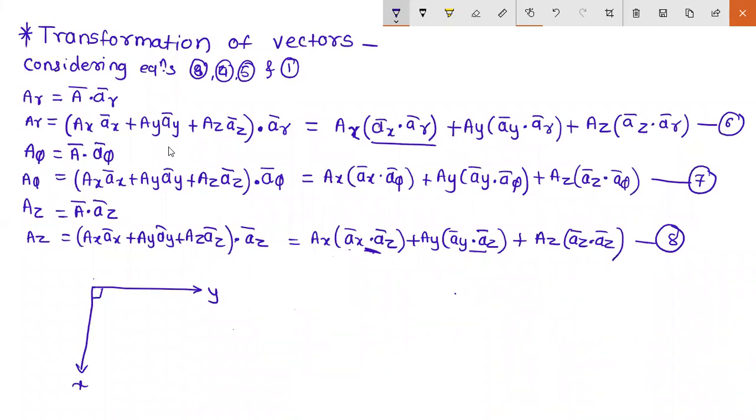Here I am considering only two axes, and your z-axis is vertical. This is your xy plane, and the z-axis is also there, and this is your origin.